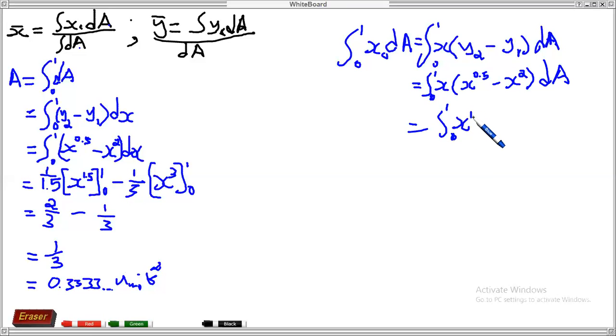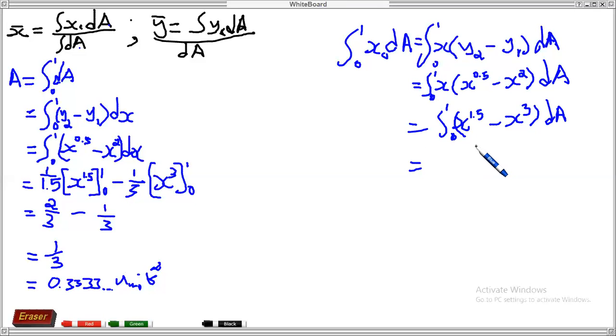Then this will become the integral from 0 to 1 of 5 minus x to the power 3 dA. So now we can integrate nicely again.